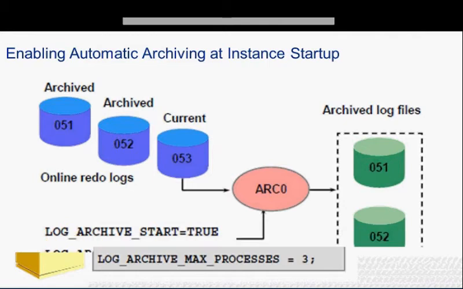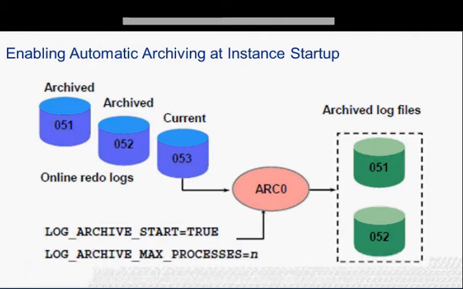Enabling automatic archiving at instance startup. If the database is in archive log mode, then archiver processes can be started every time the database instance is started by setting the parameter log_archive_start to either true or false. If it's true, then it automatically starts n archiver processes upon instance startup, where n is determined by the value of log_archive_max_processes.